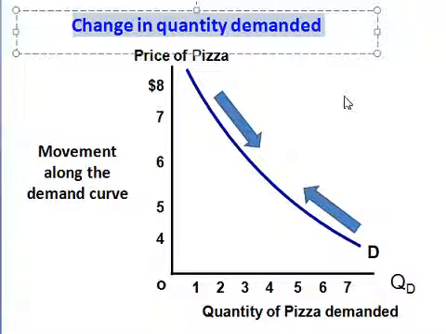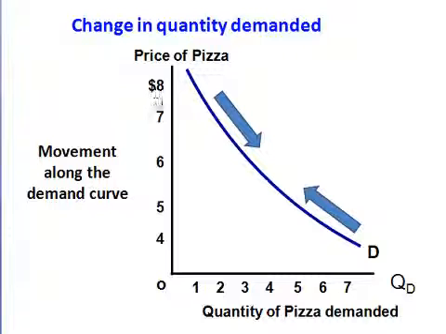And what is happening here? When the price drops, the consumer buys more. At the same time, when the price goes up, the consumer buys less. And here it is happening on the line, on the demand curve.